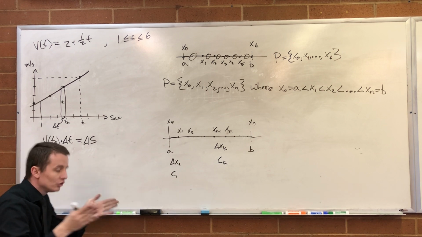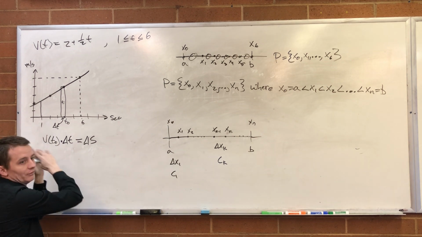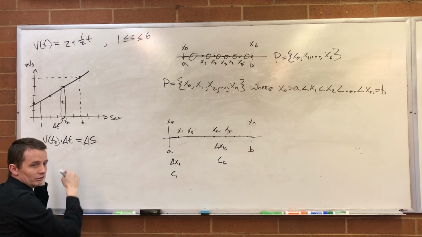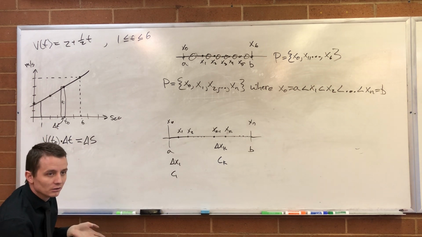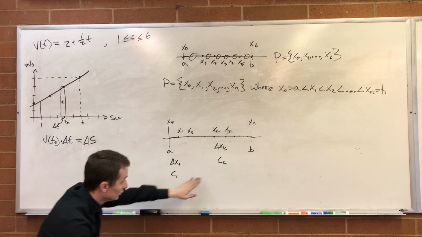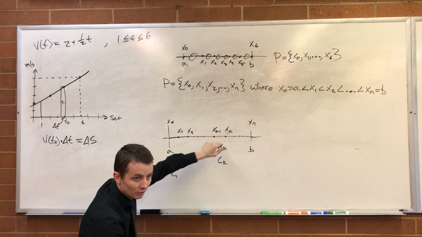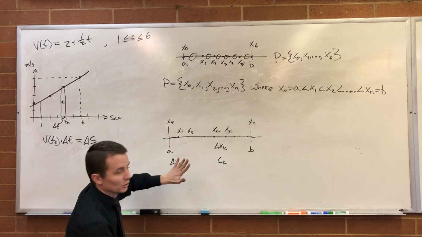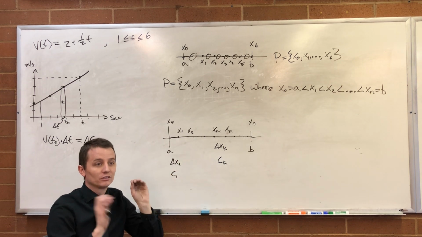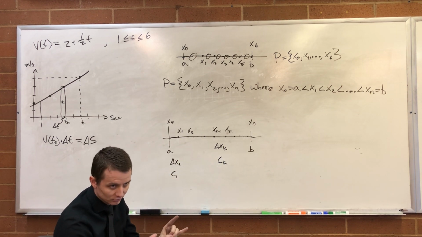So we were being a bit too specific, or too restricting in requiring it to be an even partition here. And notice that we also always use the right-hand point. We didn't have to use that. We could have used any c sub k in each of those intervals. F of c sub k to get the height. So we're setting up notation to help us give a precise definition of an integral.